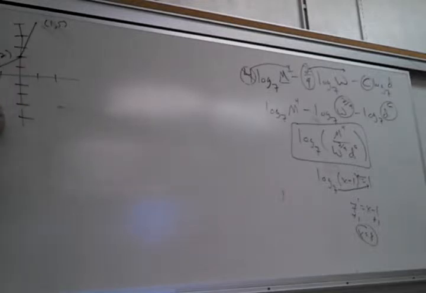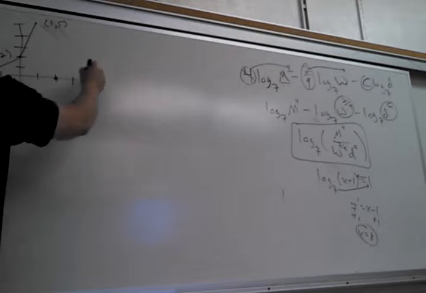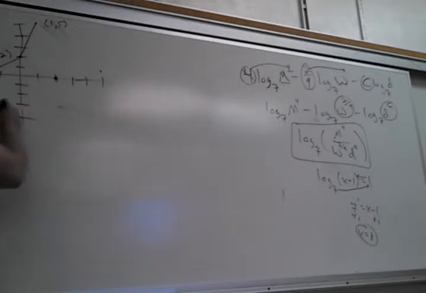So -2, -4, 2, 0, and 5, 1. So you can see the symmetry, right?